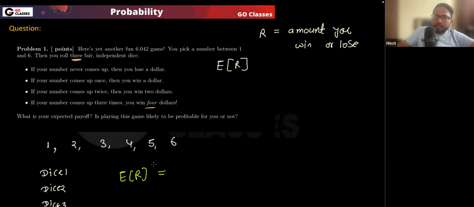So you are losing $1, which means -1, if the number never comes up. Whatever number you are choosing, if that never comes up, then you are losing $1.